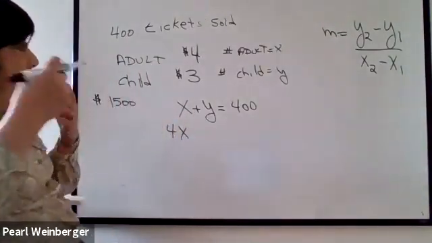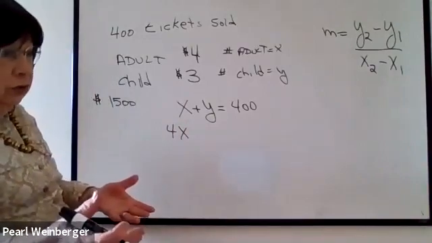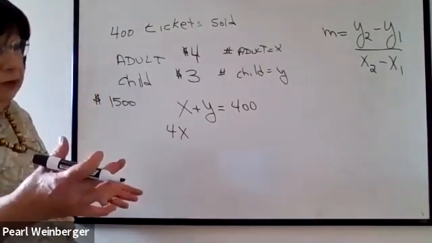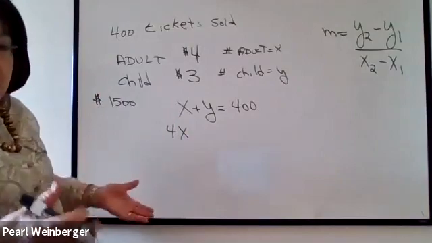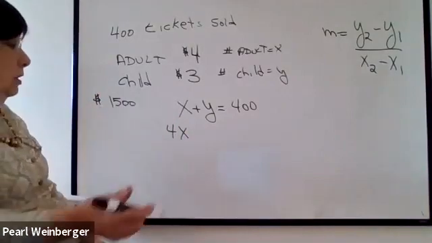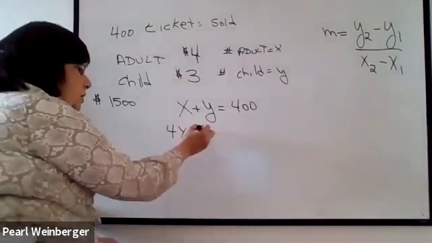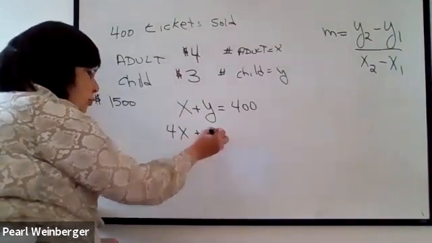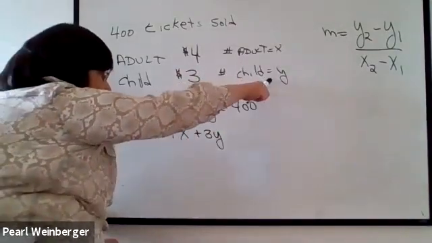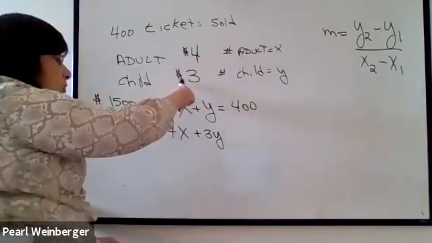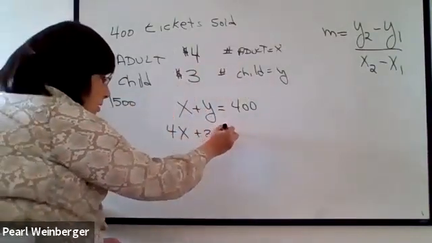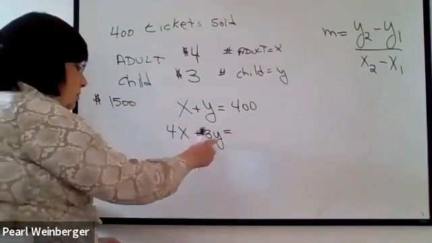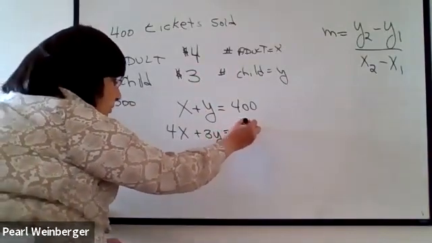In other words, if there were 100 adult tickets sold, then 4 times 100, or $400, would be made from the adult tickets. From the children's tickets, they got 3Y. Y is how many tickets were sold times 3, the price of each ticket. And together, the 4X and the 3Y is equal to 1,500.